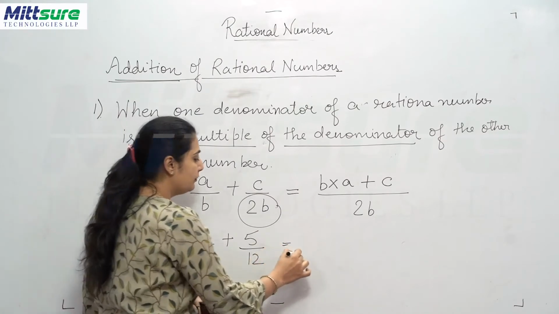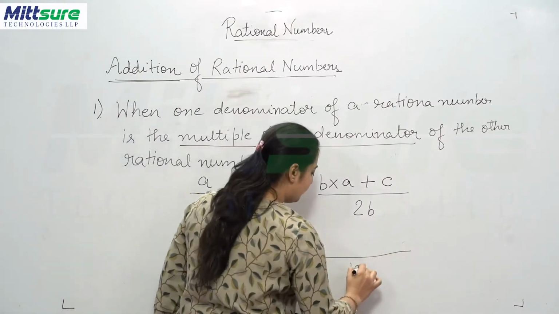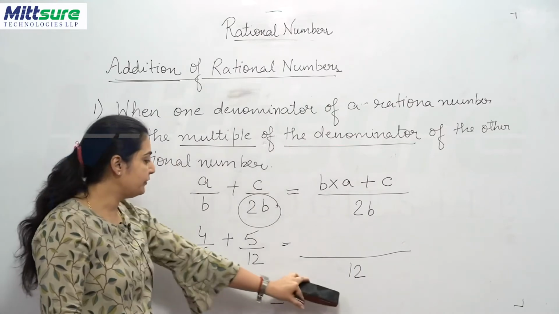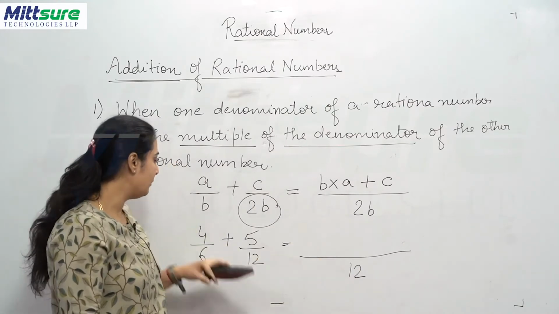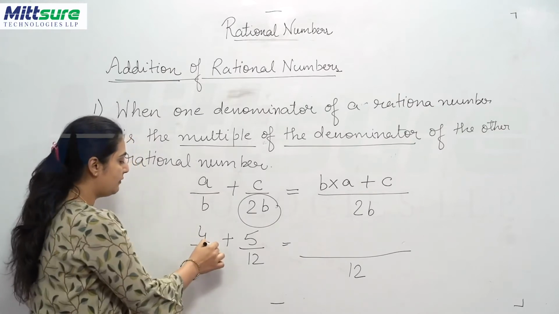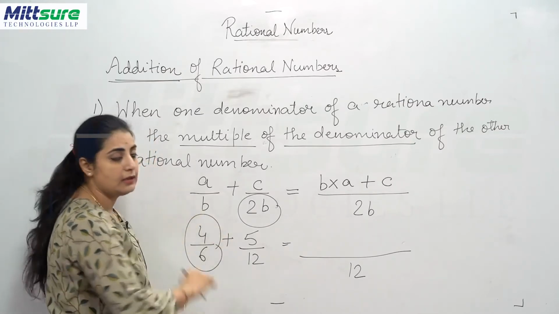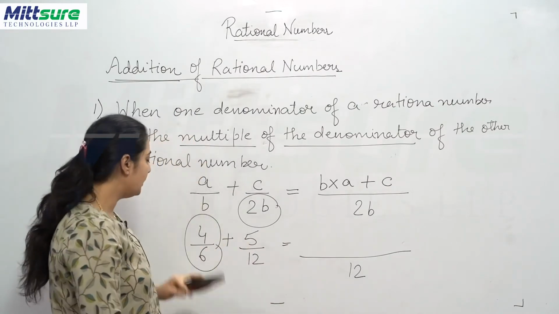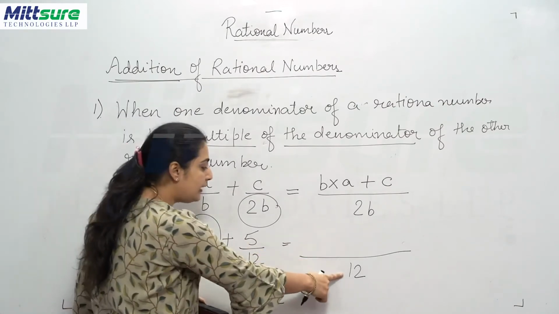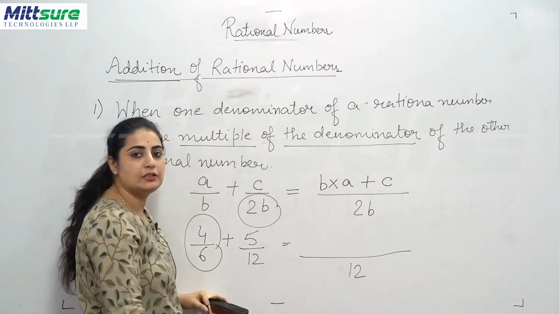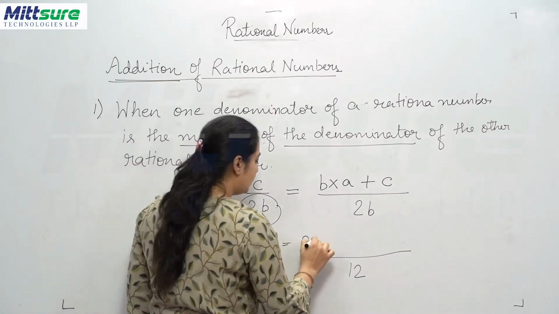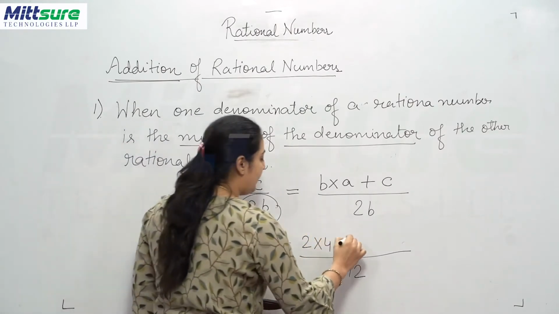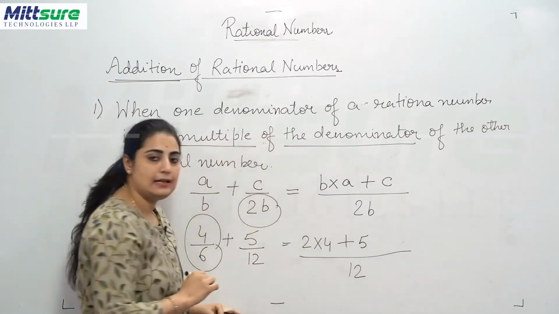So what will I do? I will take the LCM. So here 12 is my LCM, right? Now after I get 12 as the LCM, what am I supposed to do? I will be changing this rational number to its equivalent form. How am I going to change? When I divide 12 by 6, I get 2. So this 4 will be multiplied by 2 and 5 will be added as it is.